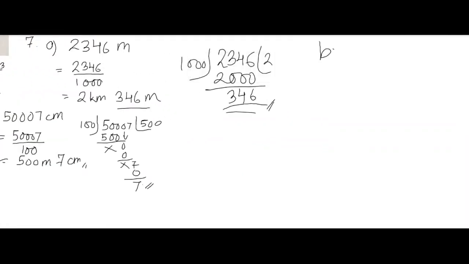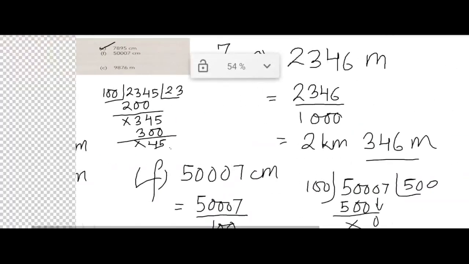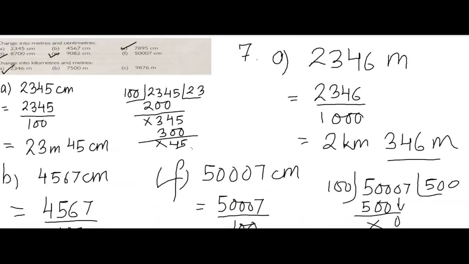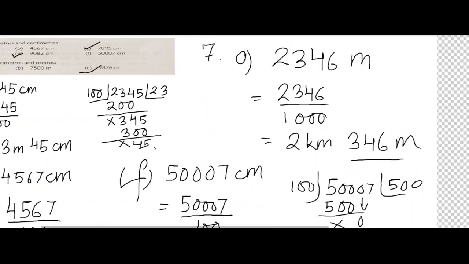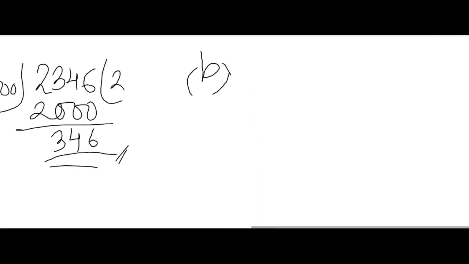Let us do number B. Number C you will do by yourself. Number B I will do for you. 7500 meters. So you have to convert 7500 meters into kilometers. Let us start dividing with 1000.